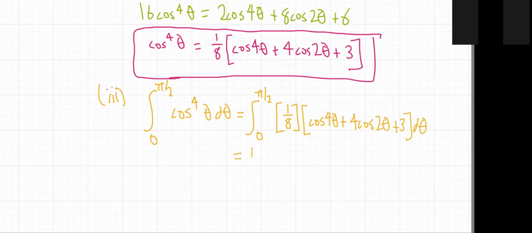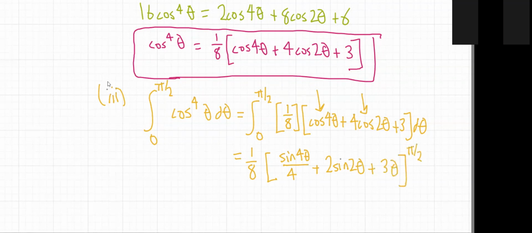Bring out the 1 over 8 to the front. Now we take the antiderivative of cos 4 theta, and this is sine 4 theta divided by 4. The antiderivative of 4 cos 2 theta is 2 sine 2 theta. The antiderivative of 3 is 3 theta, and this is from 0 to pi over 2.